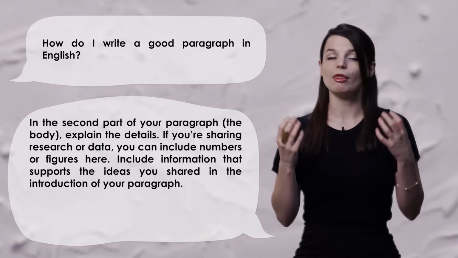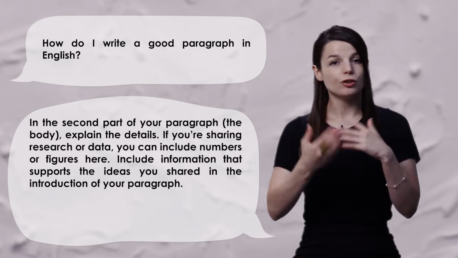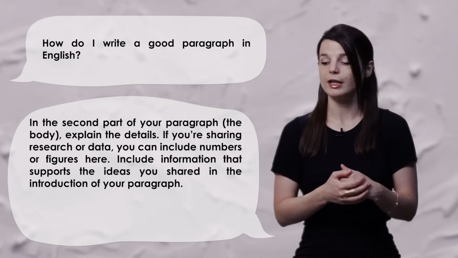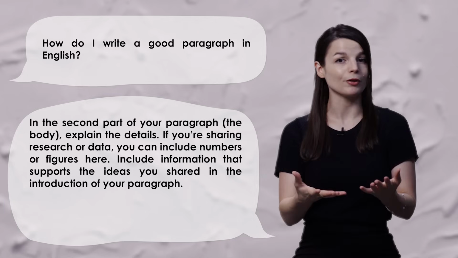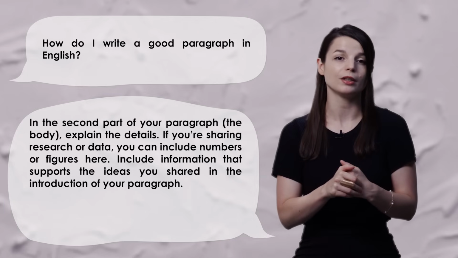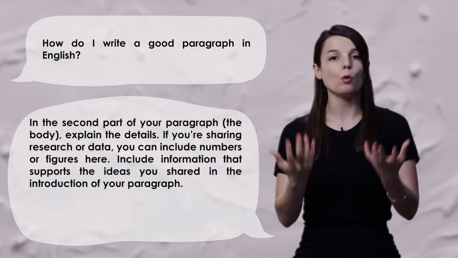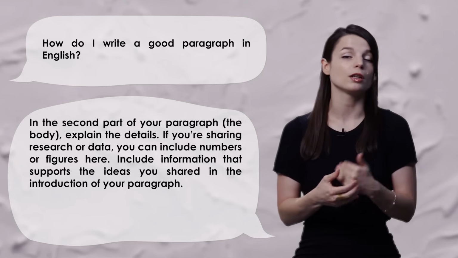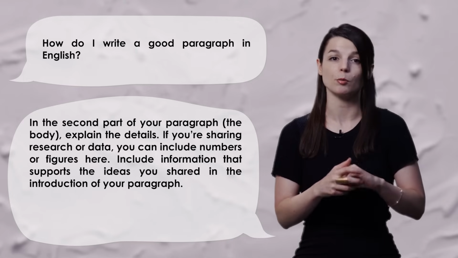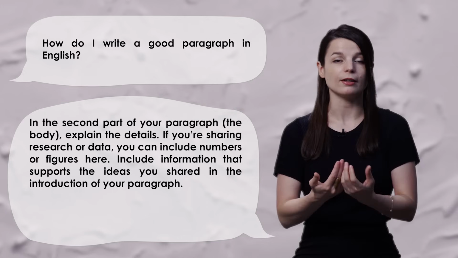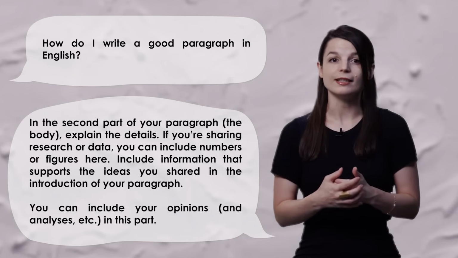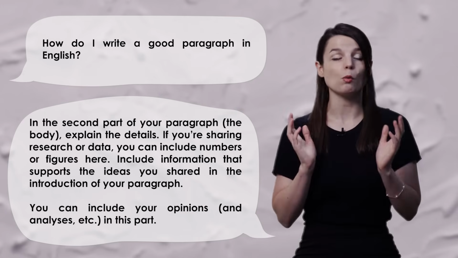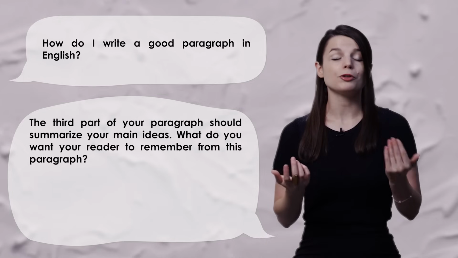In the second part, the body of your paragraph, you should give the details. If you're explaining data, you can put numbers in that section, for example. If you're giving quotes, supporting information or supporting evidence, you can include that in the body part of your paragraph. This is your details. You can also include your opinions in this part of the paragraph. So what do you think? Third, your conclusion.